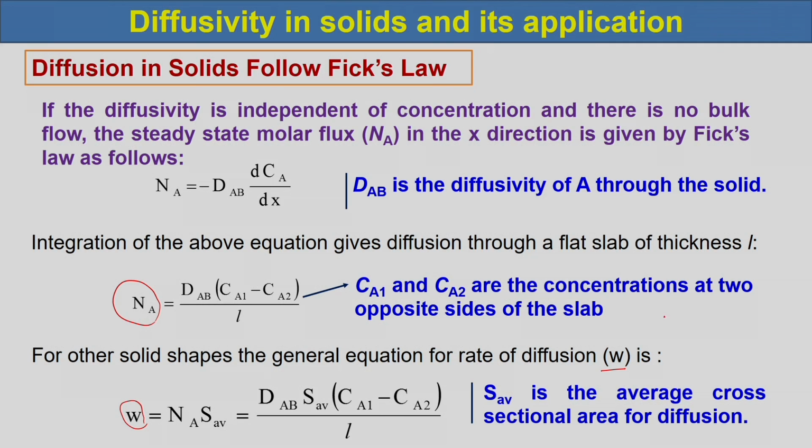So, if you take Na, whose unit is kmol per meter square second, and S average, the cross sectional area, in the unit of meter square, and multiply Na into S average, it would be kilomole per second. So, this is the rate of diffusion, or diffusion rate, in terms of kilomole per second.